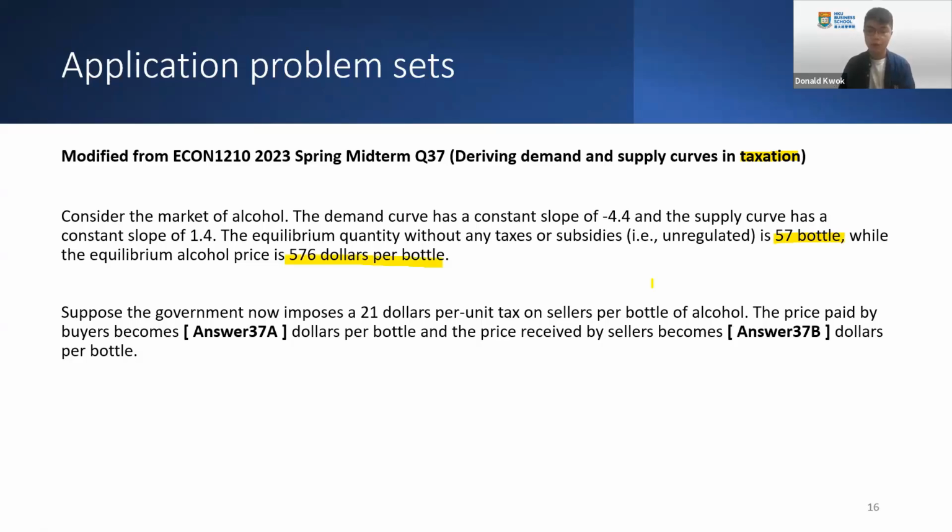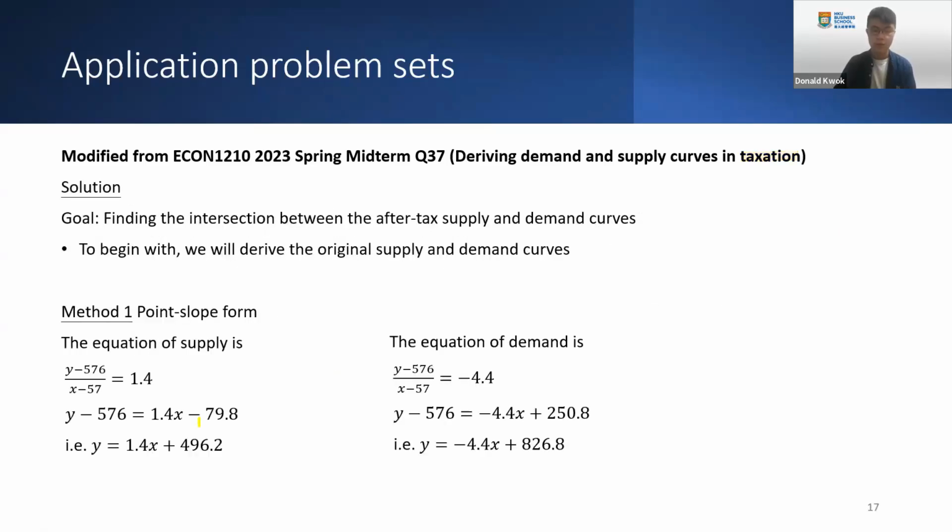With one point and the slope of the straight line, we are able to derive the demand and supply equations on our own. So let's do that first. The first method is to express the equation using the point-slope form, what I've just demonstrated during the recall part.